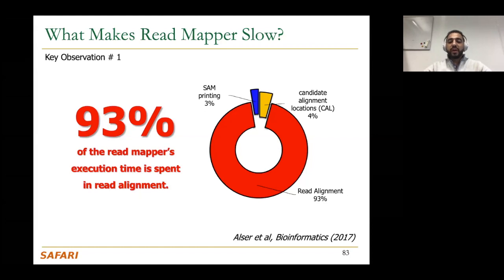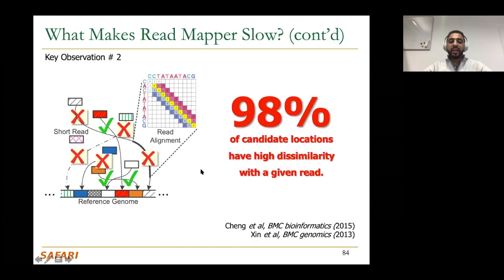So most of the time is spent on performing the dynamic programming, or what we call sequence alignment. And when we perform this sequence alignment, we find that 98% of the comparisons performed between a read and a subsequence in the reference genome are dissimilar. So at the end, we just ignore them.